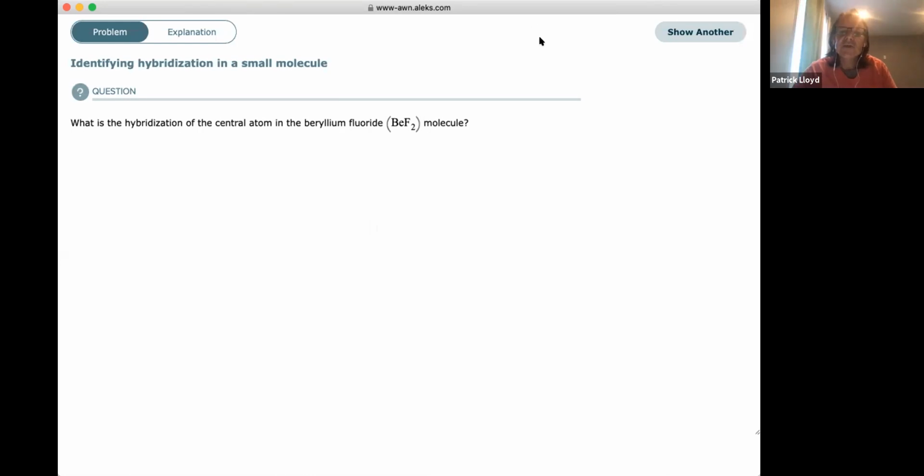So let's take a look at this one, BeF2. Okay, so beryllium difluoride. Let's draw the Lewis structure. Let's count up the number of valence electrons. Beryllium is in group 2A, so it has 2 valence electrons.